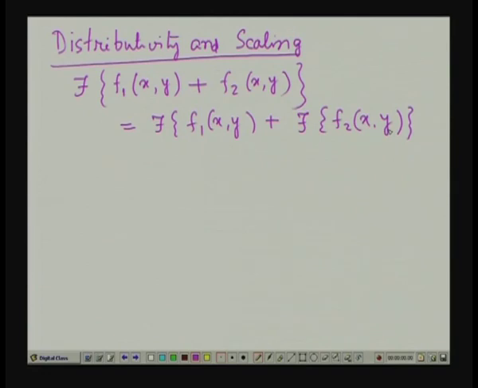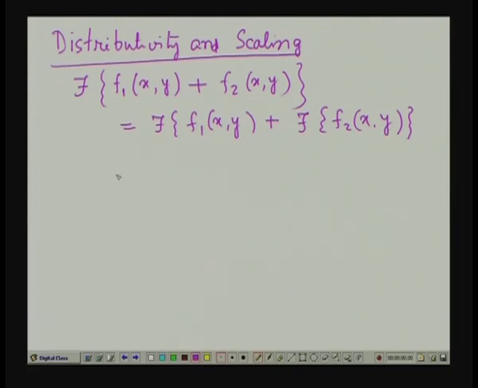If I take the summation and then take the Fourier transformation, the result will be the summation of the Fourier transformation of the individual signals f1 xy and f2 xy.